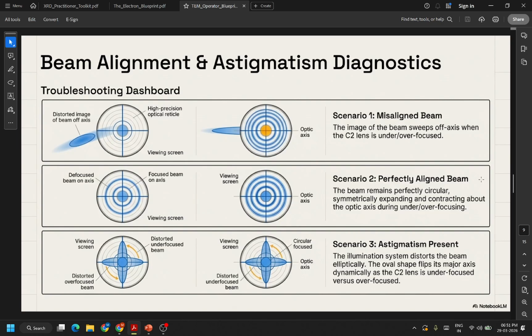If the C2 lens is under focused or over focused, the image of the beam will sweep off axis. So we have to bring it back, and then you can have a perfectly aligned beam. The beam will remain perfectly circular, and it will symmetrically expand and contract about the optical axis during under focusing and over focusing.